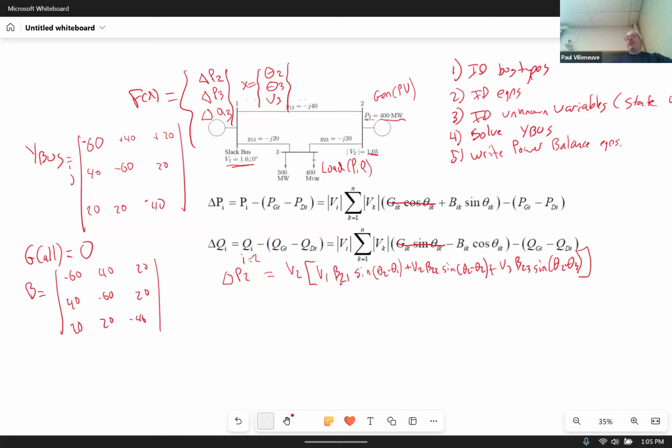That's it for the summation. Now I'm going to subtract from that P generated minus P delivered. In this case, I've got power going out, and we're going to say that S base is 100. So that is minus, plus. So it's minus a minus becomes plus 5 per unit power. That's my first power balance equation.